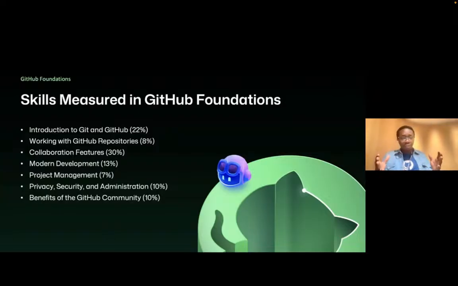Then 7% on project management, right? How can you manage a sprint or iteration? How can you work with the Kanban boards on GitHub projects? How can you work with roadmap timelines and things like that? So they will be asking you some basic project management features on GitHub.